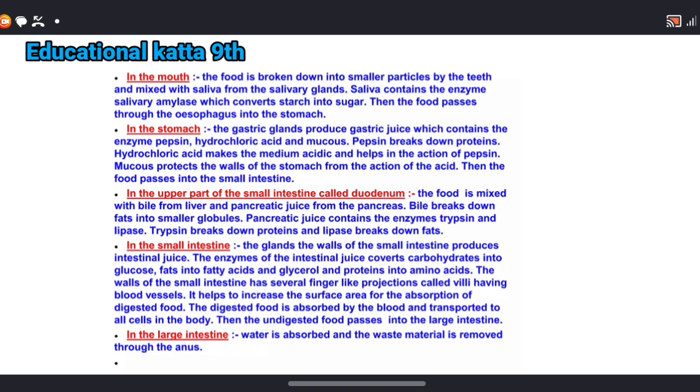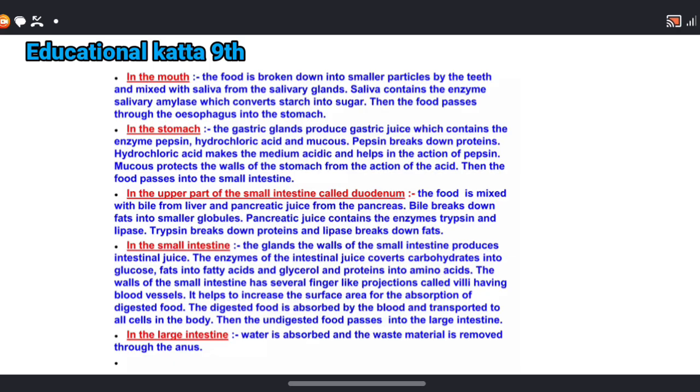What is the stomach? It is the most dilated J-shaped part of the alimentary canal, situated between the esophagus and small intestine below the diaphragm. It serves as a storehouse of food. Who do we call the storehouse of food? The stomach, where partial digestion takes place through the secretion of gastric glands.